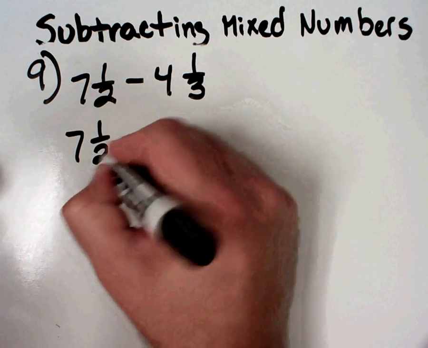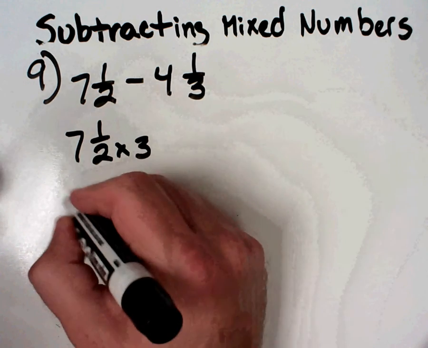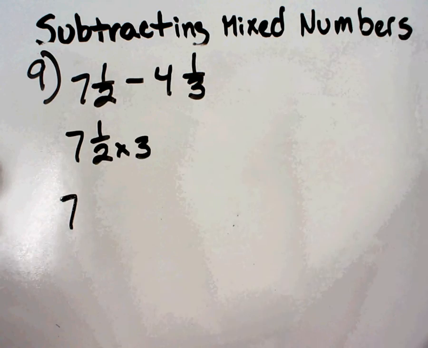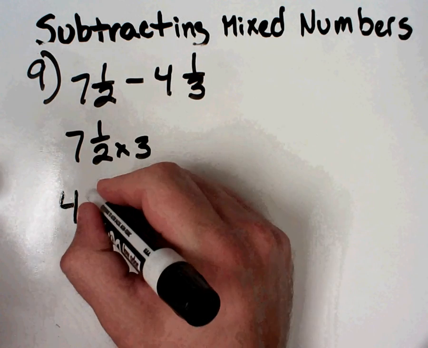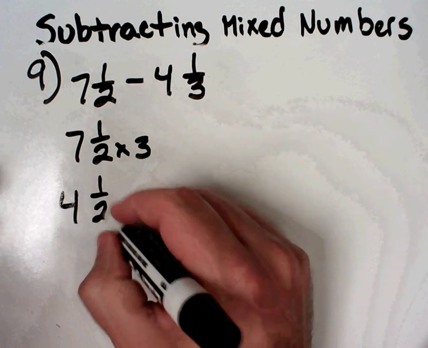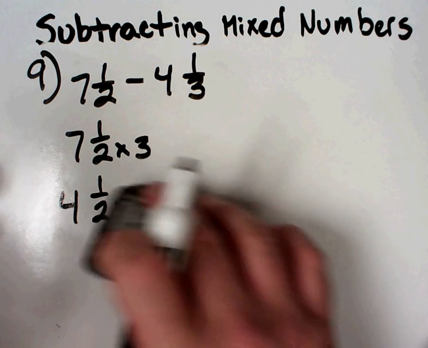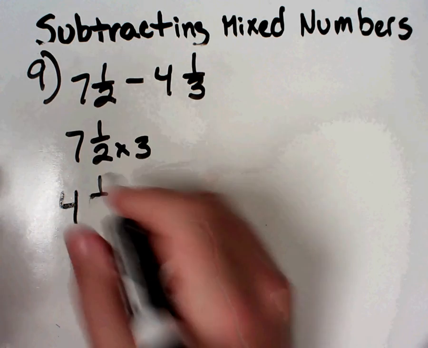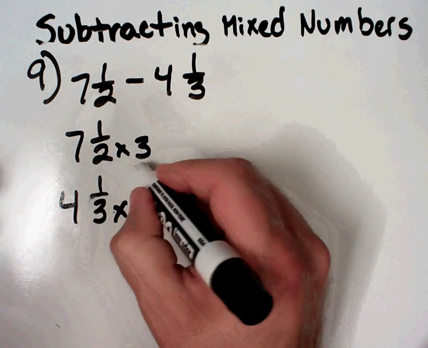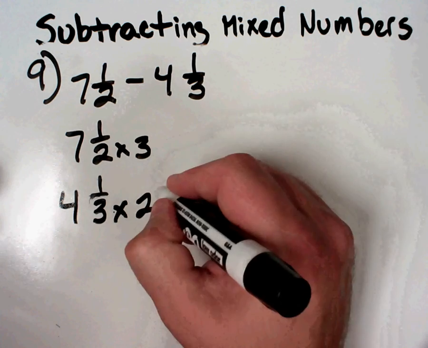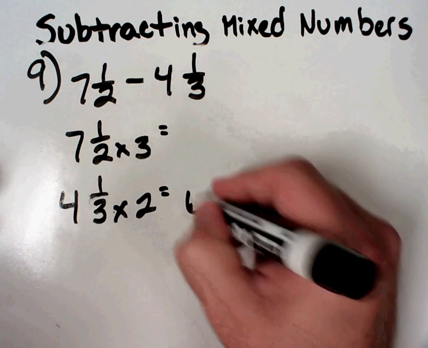So I'm going to multiply my denominators by one another. So 2 times 3, and then, oh, I'm sorry, I wrote that down wrong. There we go. So 2 times 3, and then 3 times 2. So my common denominator is 6.